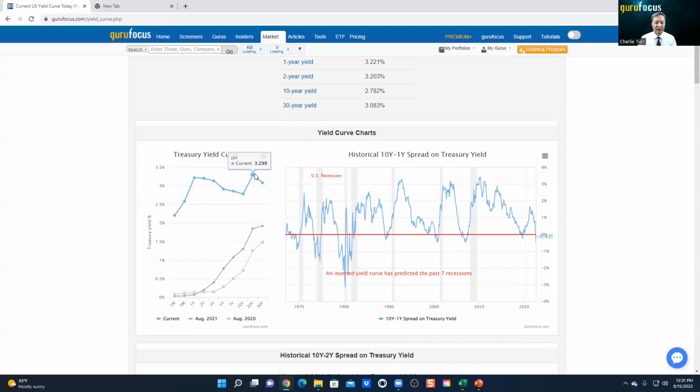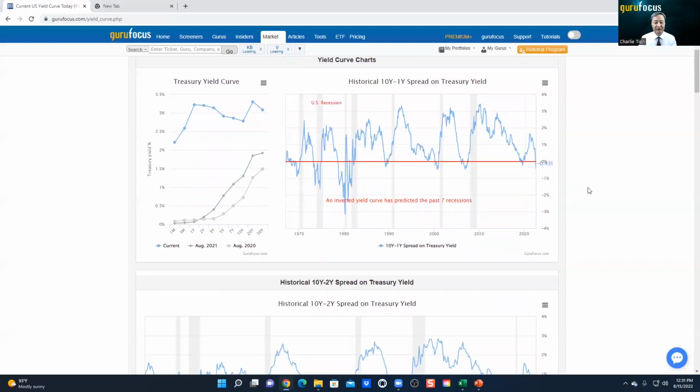And now 10-year is here; 10-year versus 2-year, 1-year, it's inverted because the 10-year rate is now lower than the 1-year rate. But look at 1 year ago, last year, same time, the yield curve was very steep. It's not inverted at all. And 2 years ago, it was not inverted at all. And so this year, it is different.